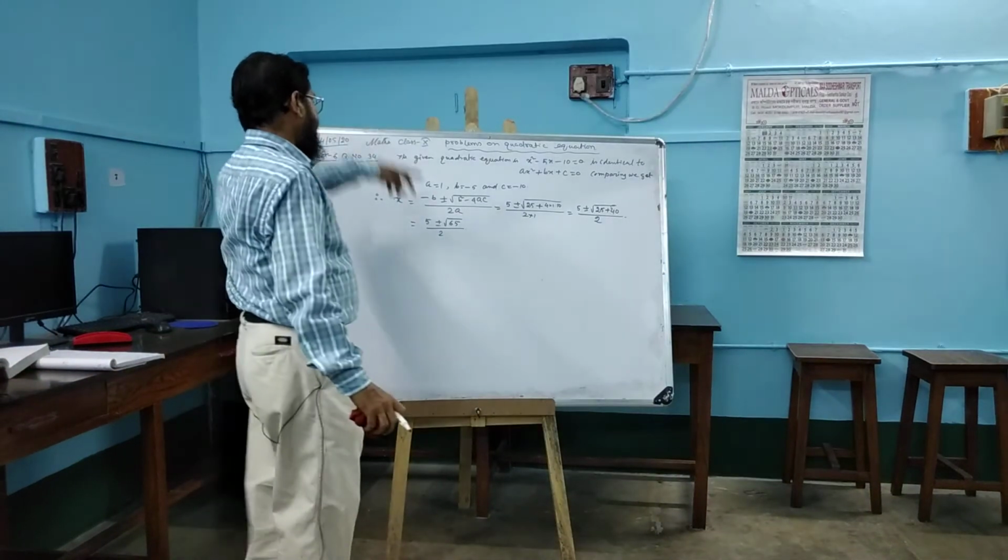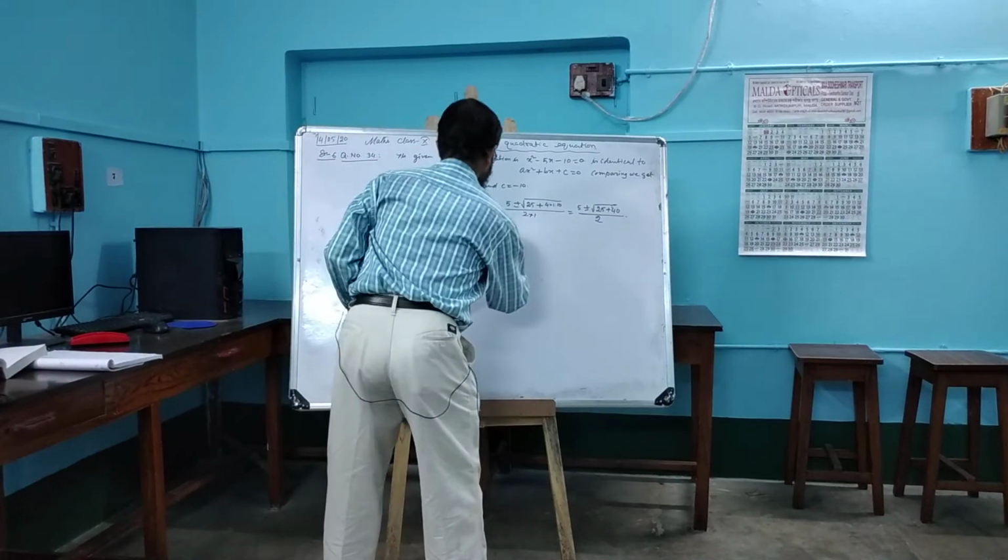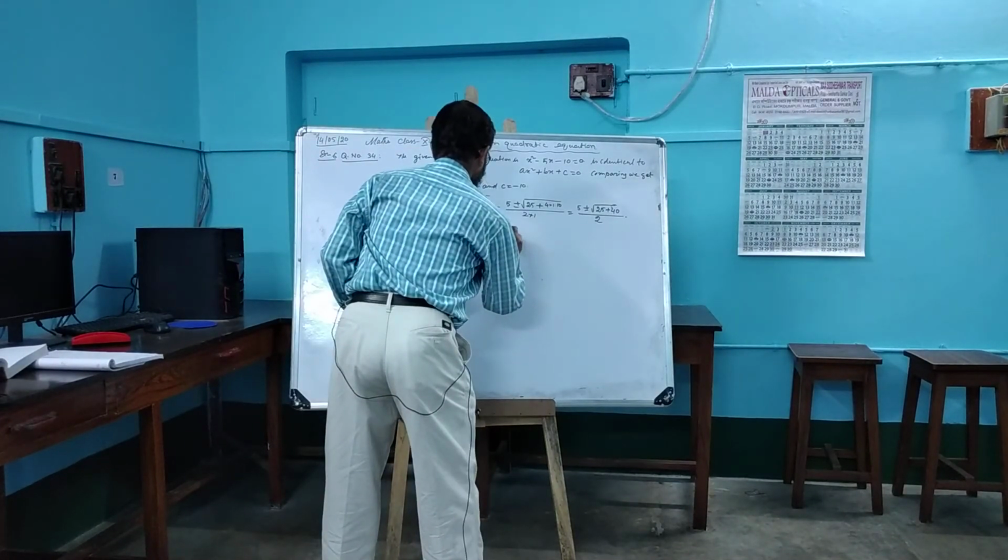Now we have to see the square root table for 65.